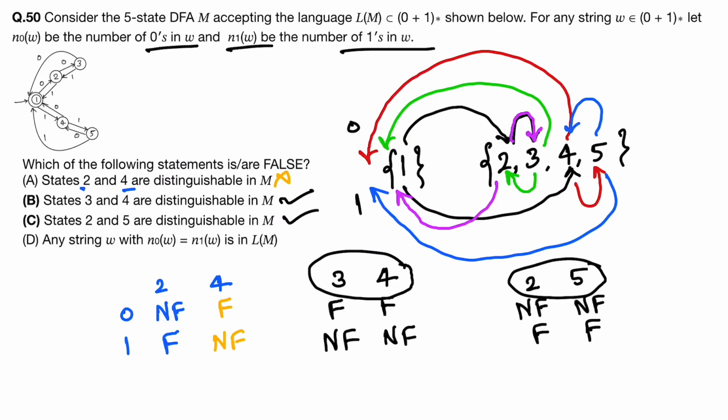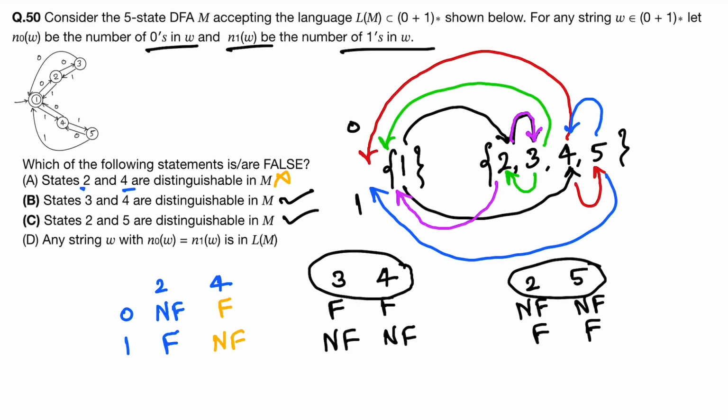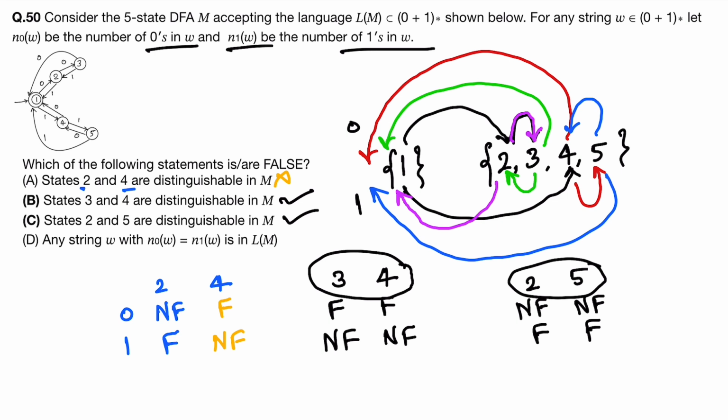So for 1 on 0, going to 2. Sorry, 1 on 0 goes to 4. 2 it was right. 1 on 1 goes to 4. Okay, this is 0, this is 1.